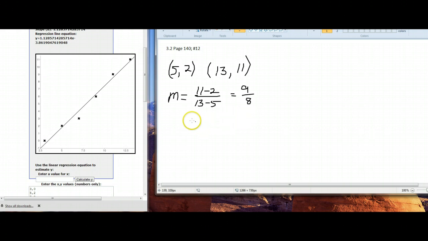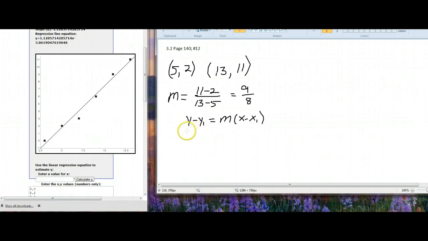Now the next thing we do is we're going to use our point slope form. y minus y1 equals m times x minus x1. And we plug in the x and y coordinates of one of our 2 points, and we also would plug in our slope. I'm going to use the first point, 5, 2.